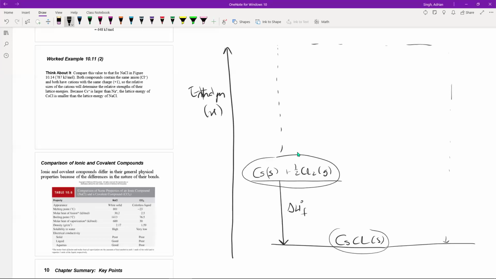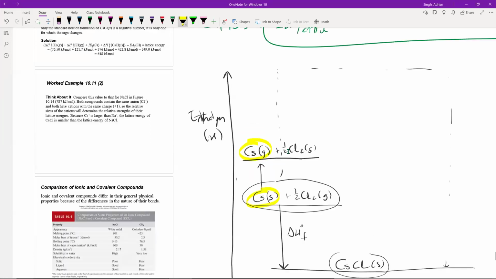The first step would be to convert the cesium solid into cesium in the gas phase, and that would be the delta H of formation of cesium. We have our half Cl2 remaining in the gas phase, right? So the change happening here is going from the solid cesium to the cesium in the gas phase.